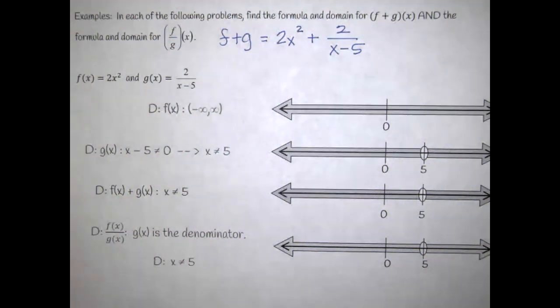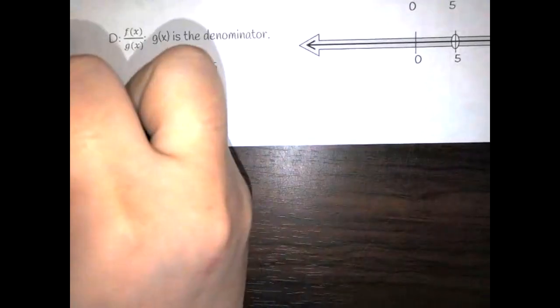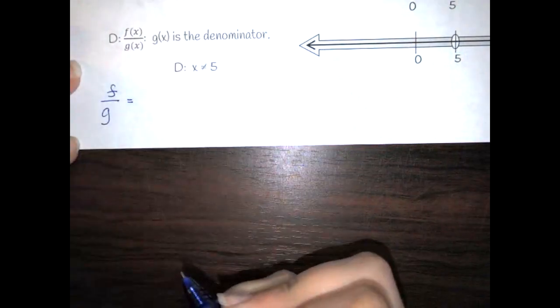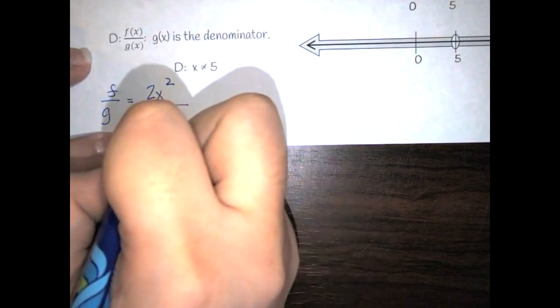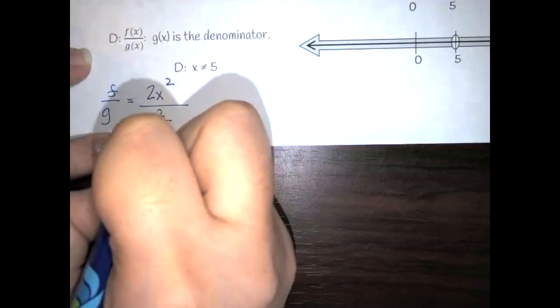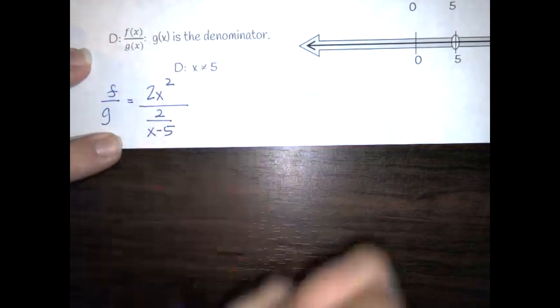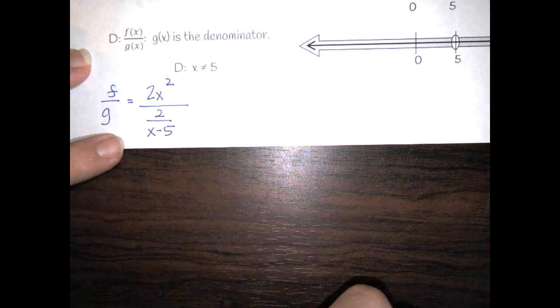Now, for the other one, we have to do f divided by g, so I'm going to skip down to the bottom of the page. f divided by g is going to look a little different. Here, my f was 2x squared, but my g is 2 over x minus 5.